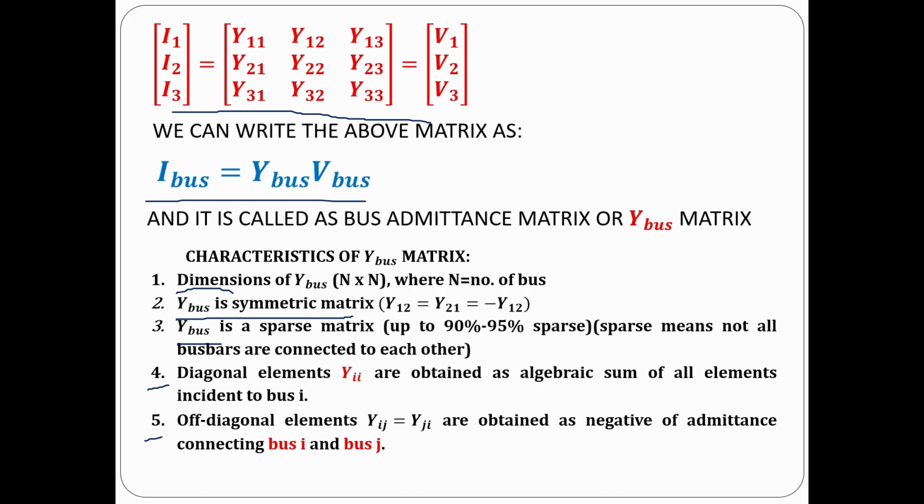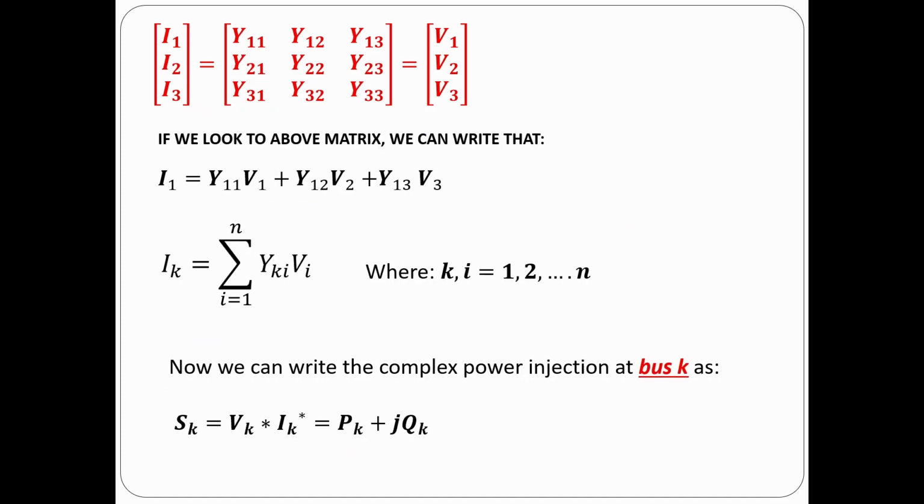If we look at this matrix, we can write that I1 is equal to Y11 times V1 plus Y12 times V2 plus Y13 times V3. This is an algebraic equation, and this can be written in general form or index form, which is Ik is equal to the summation of Yki Vi from i equal to 1 to n, where k and i are equal to 1 up to n.